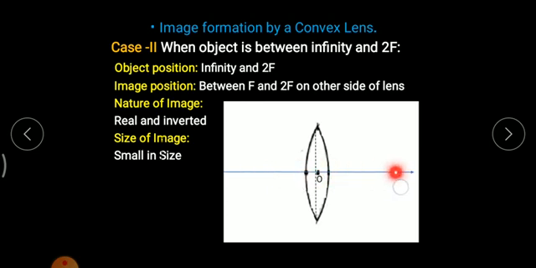A straight line is passing through this optical center, and this is f and 2f, and this is again f and 2f. This f and 2f are for this refracting surface, whereas this f and 2f are for the other refracting surface. I'm not naming them f1 and f2, as it will get confusing. For simplicity, I'm simply writing the same 2f over here.